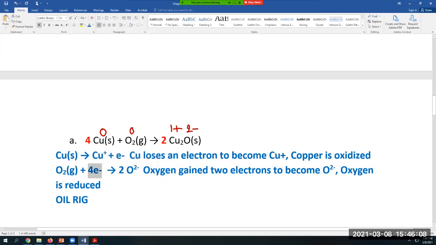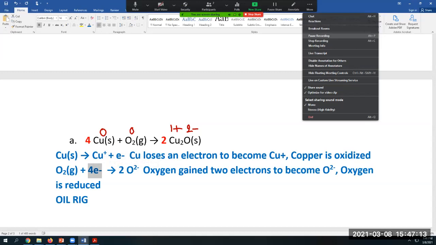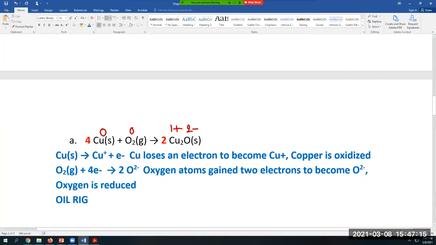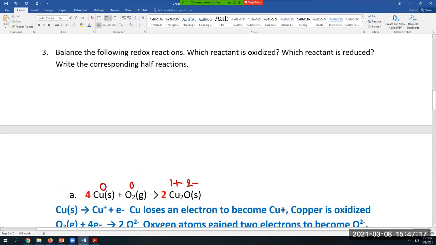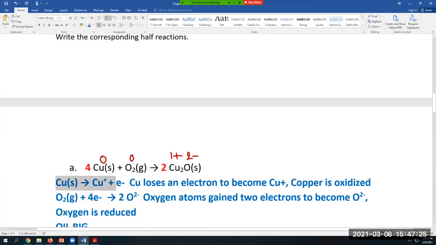The oxygen as the gas has gained 4 electrons to become 2 oxide ions. So just to go back here to the text of the question, the half reactions are those 2 half reactions we see here. That's the half reaction for the oxidation, and that's the half reaction for the reduction part of this redox reaction.